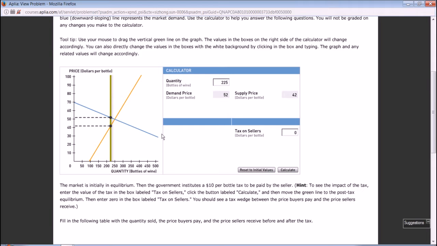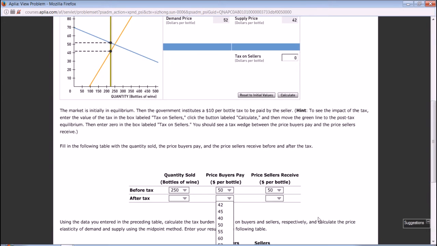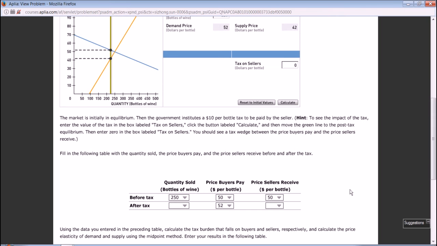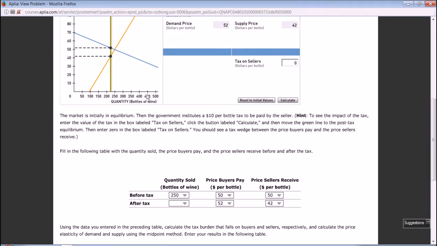So now here's the tax wedge, and we can see from the calculator here that the consumer price goes up to 52. The producer price is 42, and the difference is $10. The equivalent quantity is something like 225.